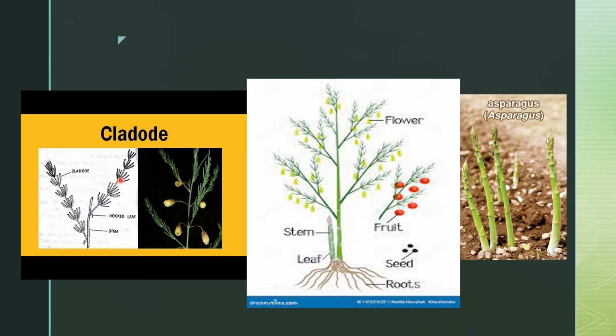Okay, so it's cylindrical. It's not a flattened shape, but a cylindrical shape.